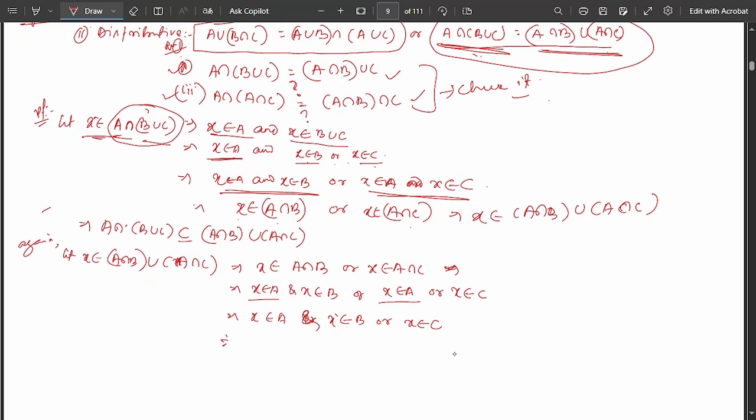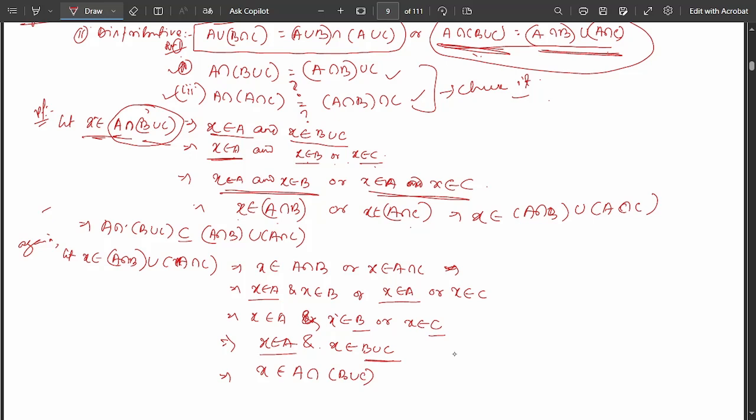This implies that x belongs to A and x belongs to B or x belongs to C. This or can be written as x belongs to B ∪ C. That implies x belongs to A and x belongs to this. So x belongs to both A and B ∪ C. So x belongs to A ∩ (B ∪ C).